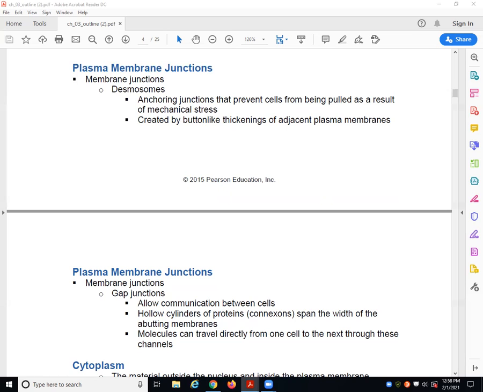They have proteins called connexons that are essentially little hollow cylinders, like little straws in between the cells. They span the width of the two membranes. That's how long they are. Molecules go directly through those proteins, those tubes, and go from one cell to the next.